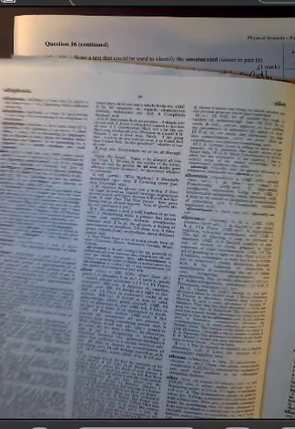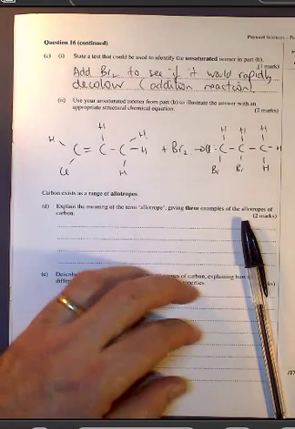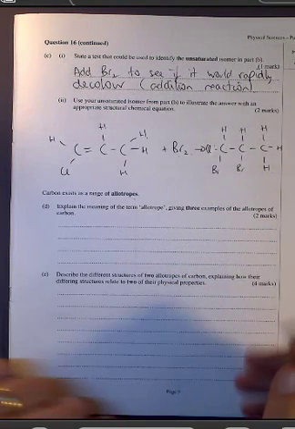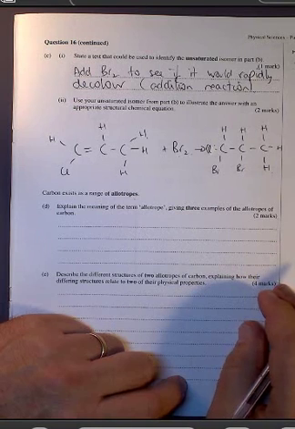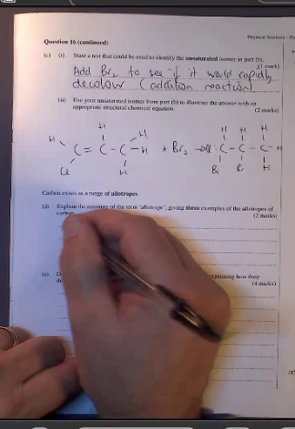So that would get you thinking about what different types of solid carbon there are, in the same state. We only know carbon as a solid. Explain the meaning of the term allotrope. Well, we could just write out that explanation.